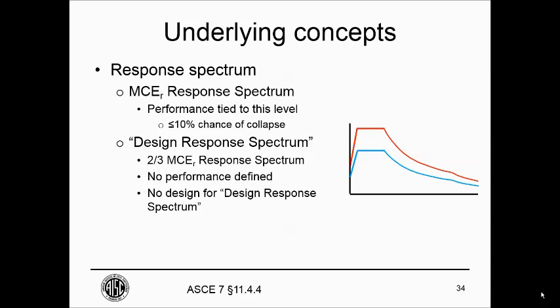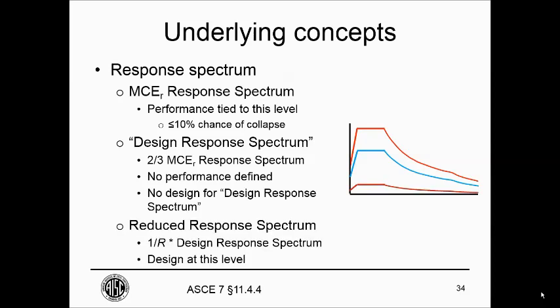Before we design anything, we take those forces and we reduce by the R factor. So R divided by I sub E, I should say. And that gives us the design forces that we actually design to. So we're designing at a very reduced level.